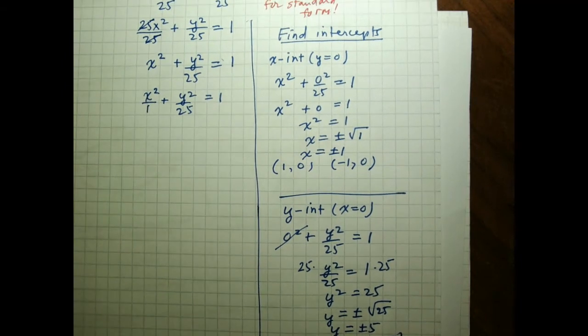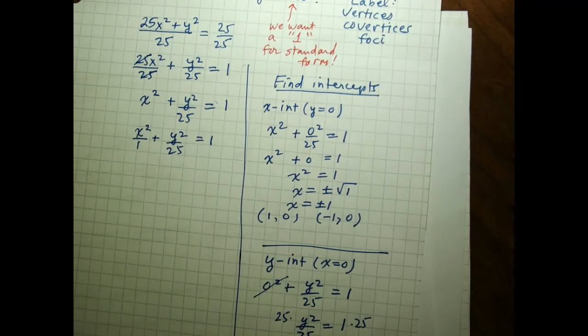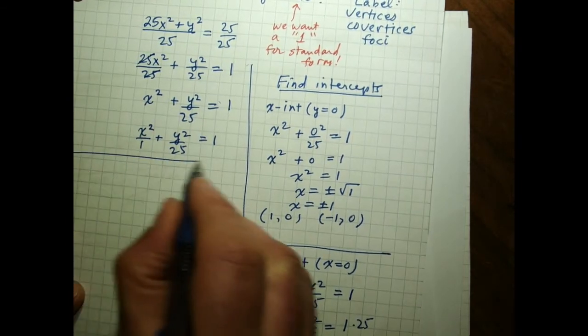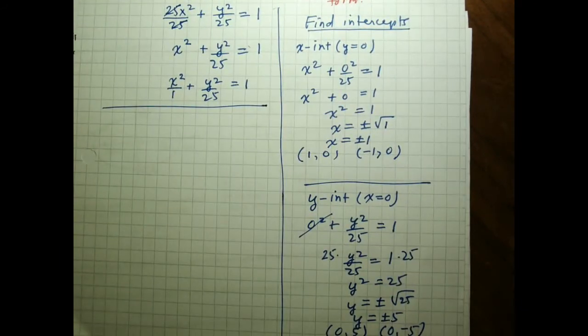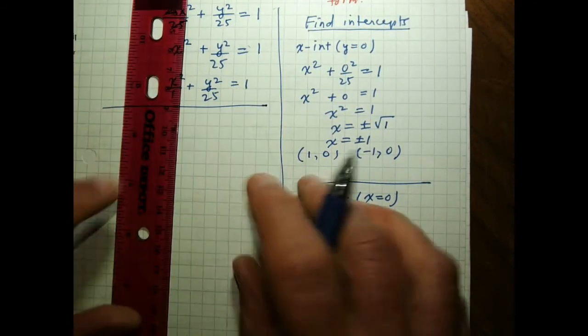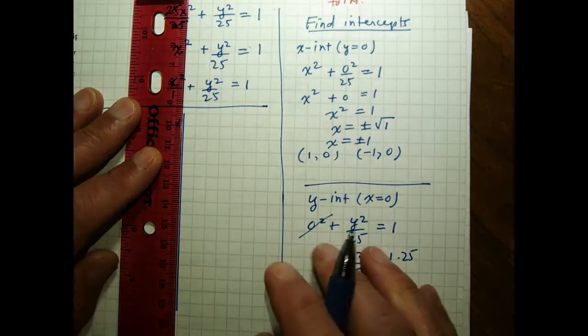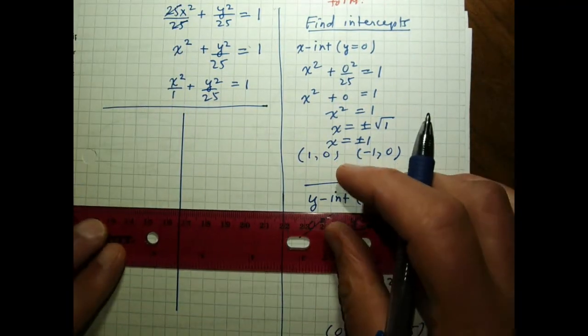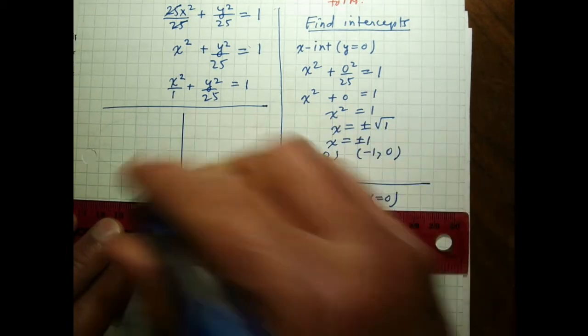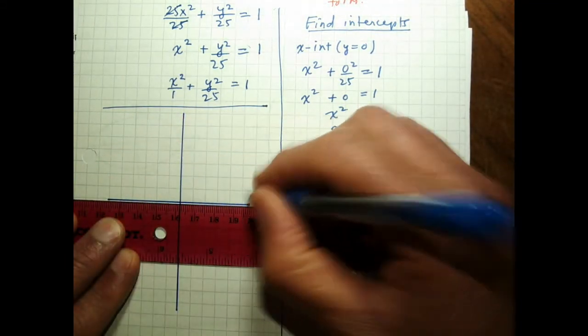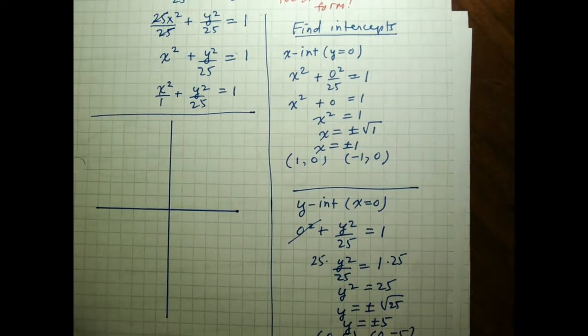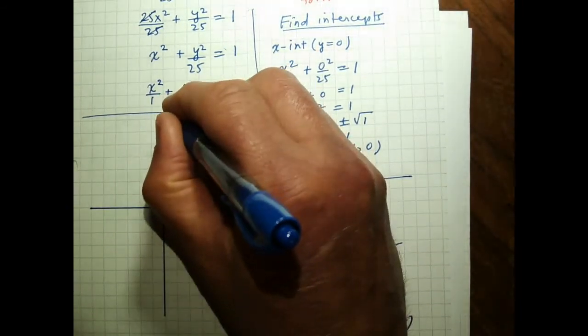And I think that's enough for me to be able to draw a graph now, right? Once we get both the x and y intercepts, we can sketch a graph. And I'm going to put it over here on this portion of my graph grid. I think I have room here. And so x-axis, y-axis.